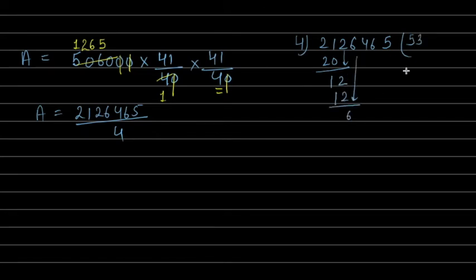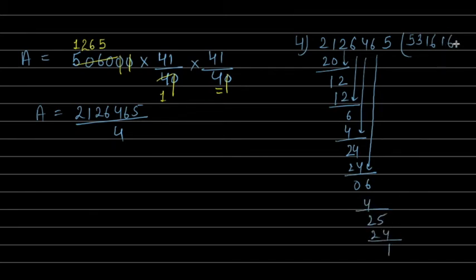You copy a 6, 4 1s are 4, we copy a 4 here, 4 6s are 24, then you copy a 6 here, 4 1s are 4, 4 6s are 24, then we place a decimal, 4 2s are 8, then we add a 0, 4 5s are 20, right? It means my amount is coming 531616.25.